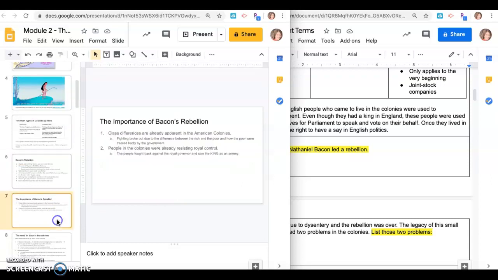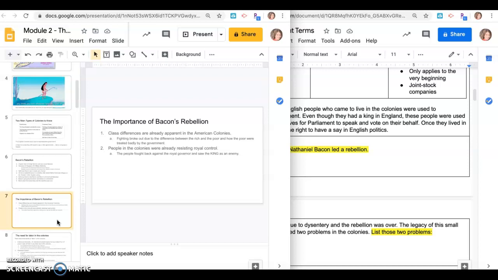But this really kicks off an important thing that you need to learn about. The importance of Bacon's Rebellion is that already in the colonies, there's a problem with class, meaning there are rich and there are poor, and there is a stark difference between the two of them, and it is already causing issues. The rich farmers are happy, the poor farmers are not.